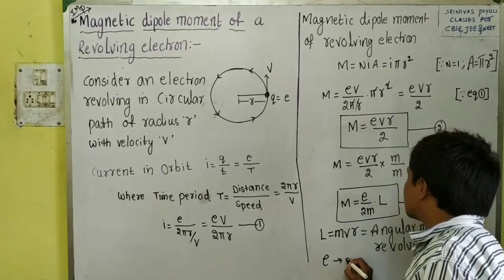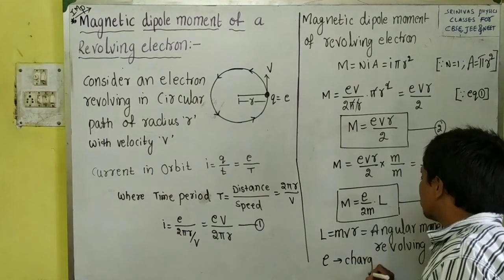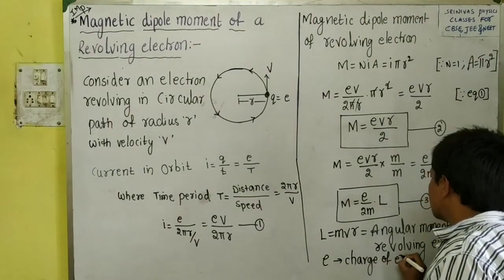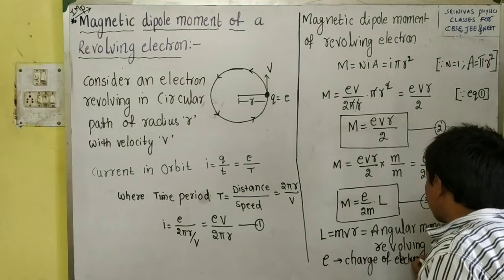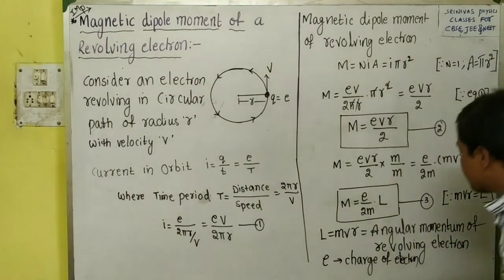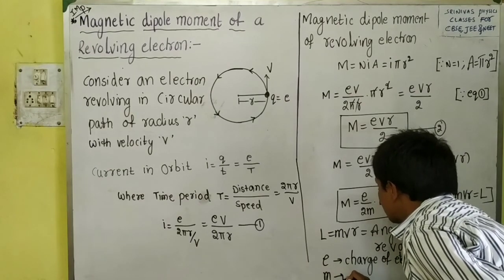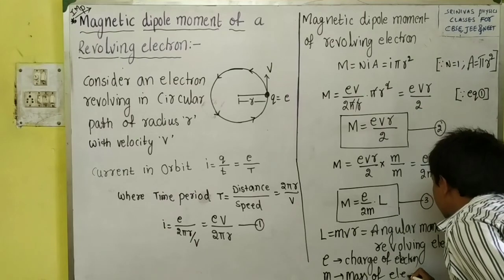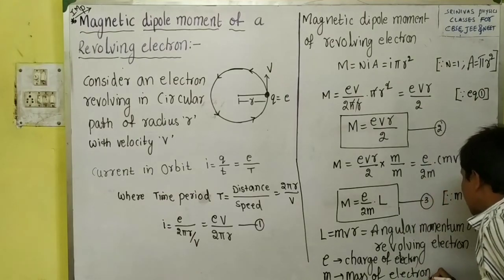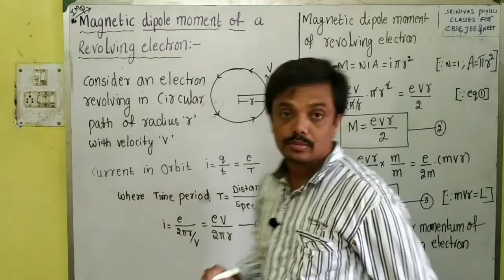e means charge of electron, right? What is m? m is the mass of electron. This is the formula for the magnetic moment.